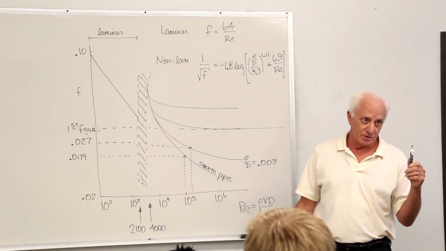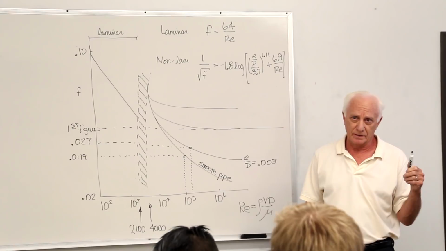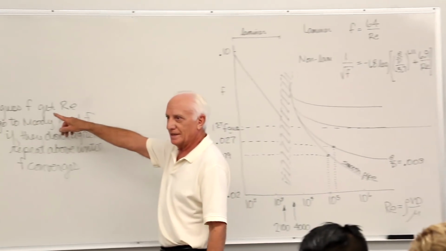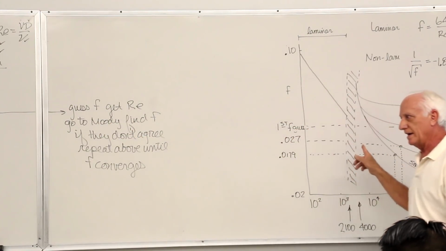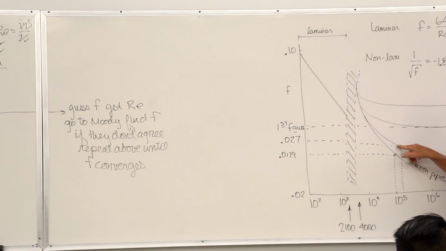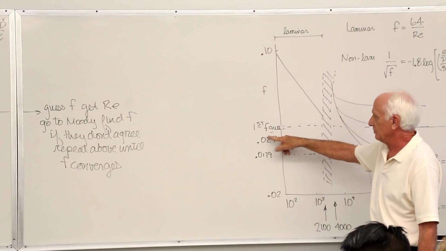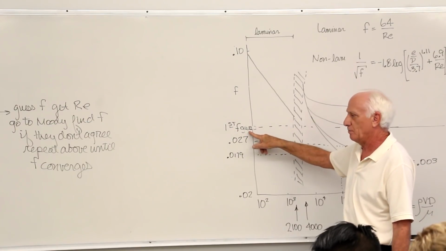Now, here's the deal. On an exam situation, I don't want you to get a rating. Time's too much of a factor. On an exam, you tell me what your first guess is. You go through it one time. You go to the Moody chart. You find out what the F comes out to. It didn't agree with my F guess. You say, .027 didn't agree with my first F guess, .030.